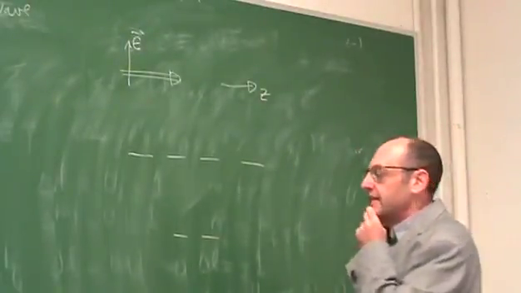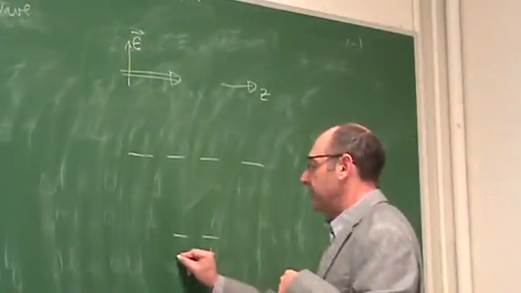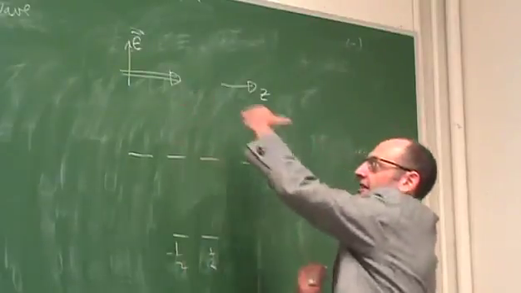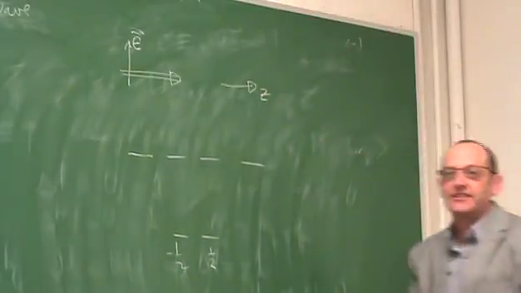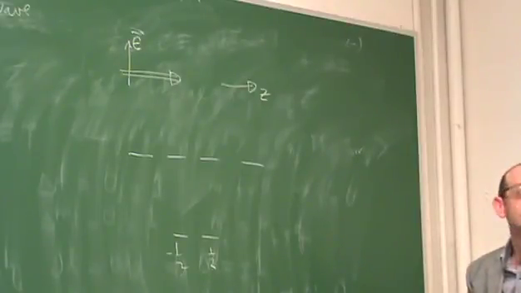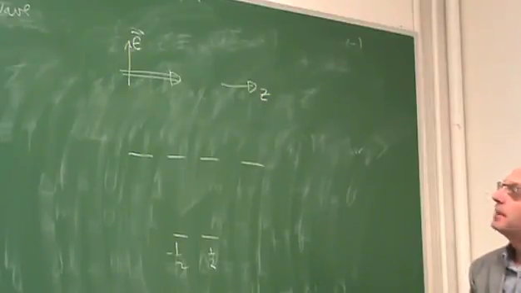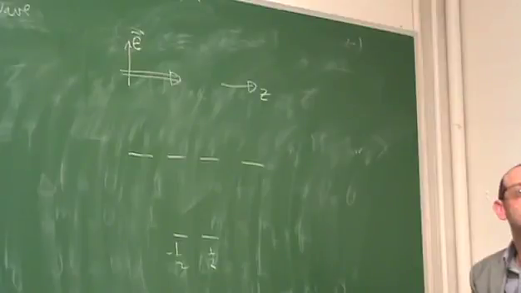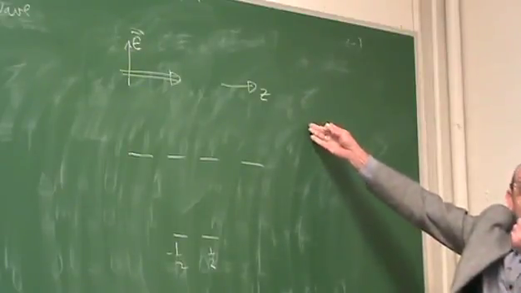Okay, but given this is now understood to be spin up or spin down along this direction, along the k vector, which transitions are allowed? Pi? Yes or no? No. Why not? Well, it has no component along the z-axis.